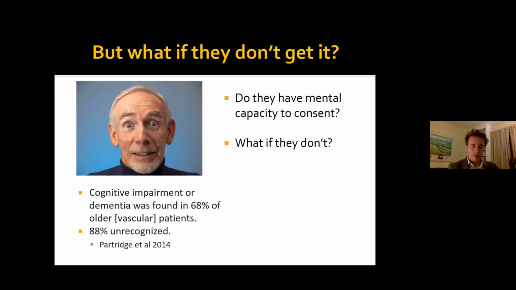And what we know is that in some particular case mixes, in particular vascular surgery, nearly 70% of patients seen in a pre-op setting who have screening for cognitive disorders, so not just a quick chit chat where things didn't sound quite right so we decided to refer, but genuine, routine, systematic screening, what my colleagues in London, Drew Partridge and colleagues, found is that nearly 70% of them ended up with undiagnosed cognitive impairment. And that is massively important from a point of view of consent.